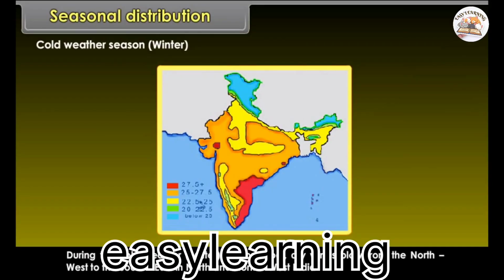During the cold weather winter season, cool dry winds blow from the northwest to the southeast in north and northwest India and from northeast to southwest in South India. Sun rays do not fall straight in the region north of the Tropic of Cancer. It results in low temperatures in northern India.